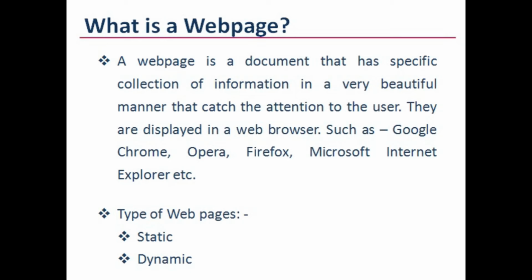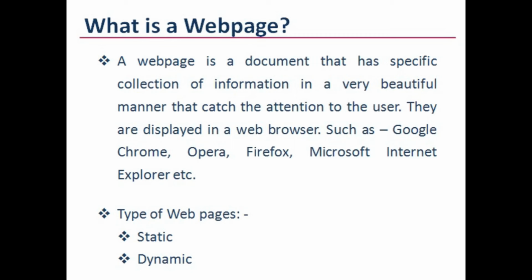It means the static web page displays the same information to all users. It does not change until the web developer changes it manually. HTML documents are static web pages, as they are stored on the server and loaded as-is at the client side over HTTP. When the web developer changes the HTML documents, they are updated; otherwise it is static.